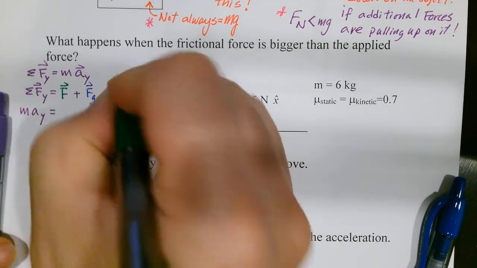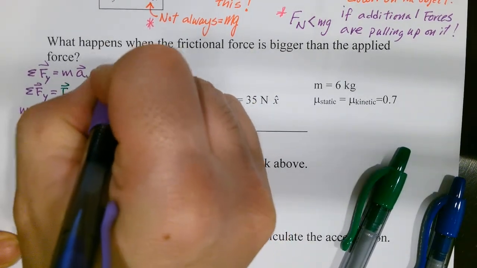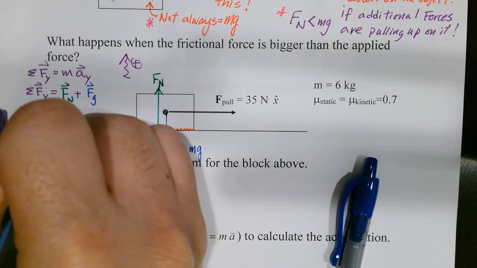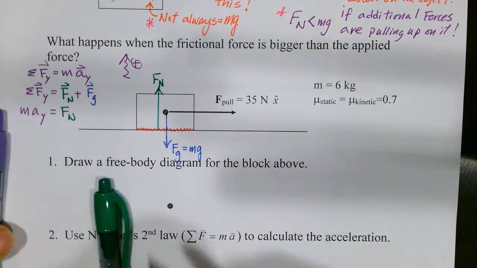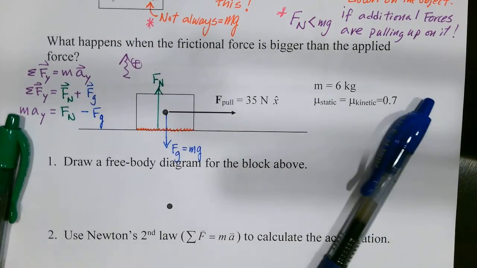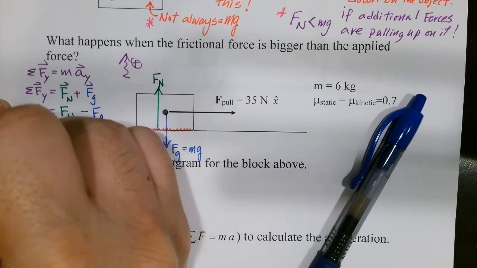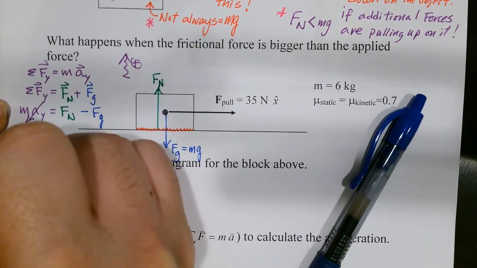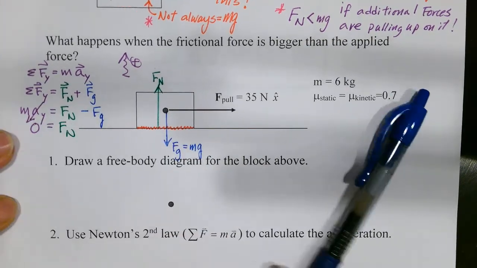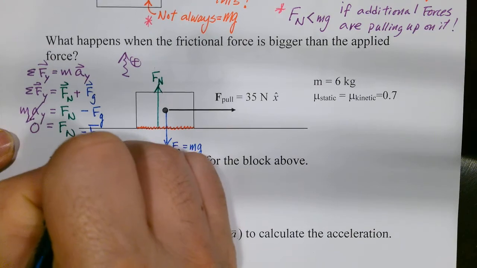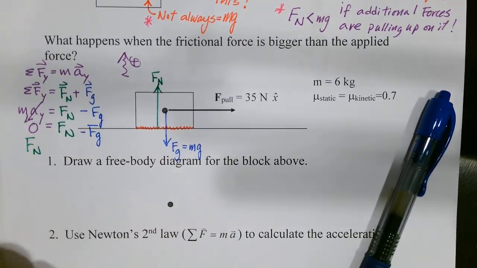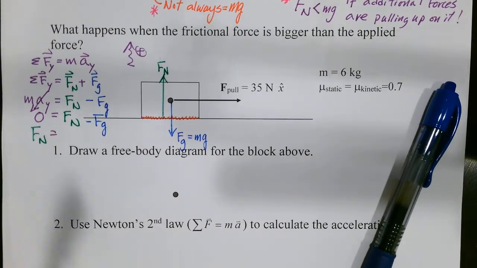I'm going to consider the up direction positive. So my F normal is positive, and my Fg becomes negative. Since acceleration in the y direction is equal to 0, 0 equals F normal minus Fg. Therefore, my F normal in this case is equal to my Fg.